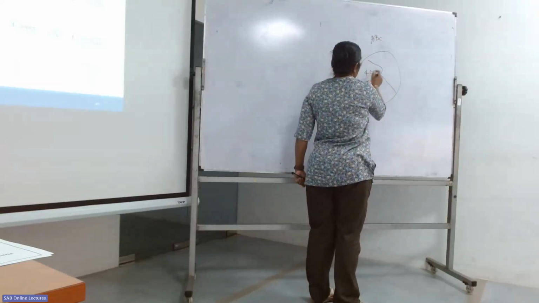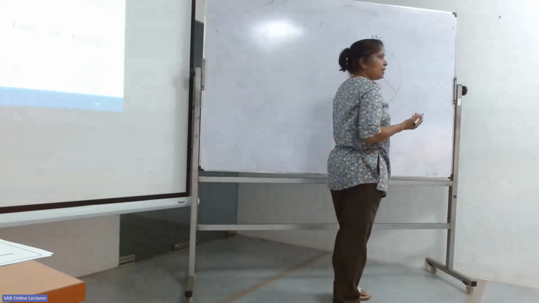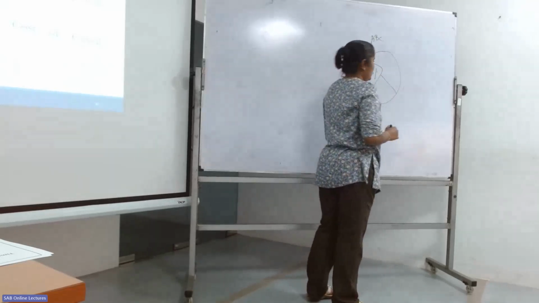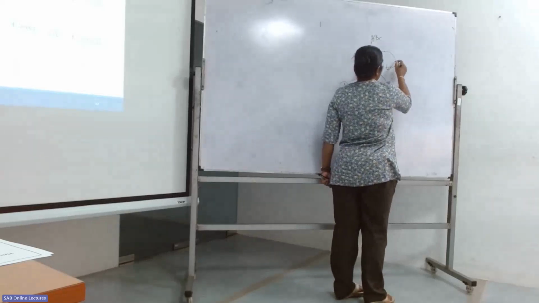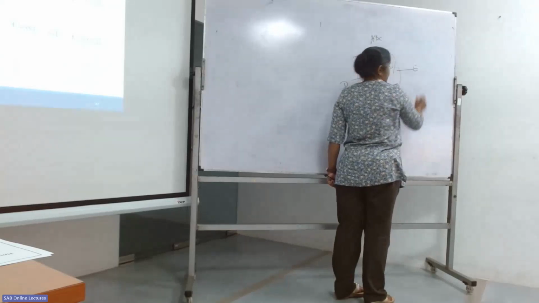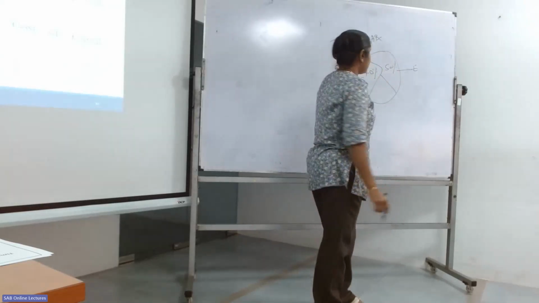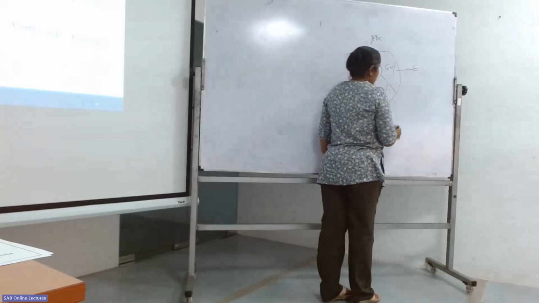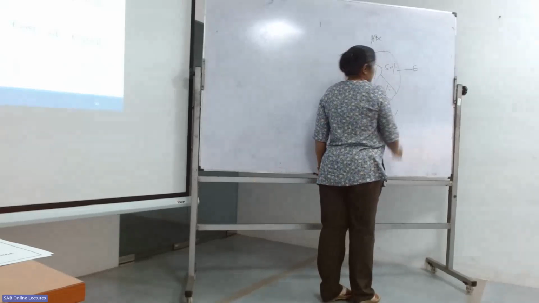40% of their total fund requirement they have financed with debt capital. Say 50% of their fund requirement, suppose they have financed with equity capital. Then another 10% of their capital structure consists of preferred stock.